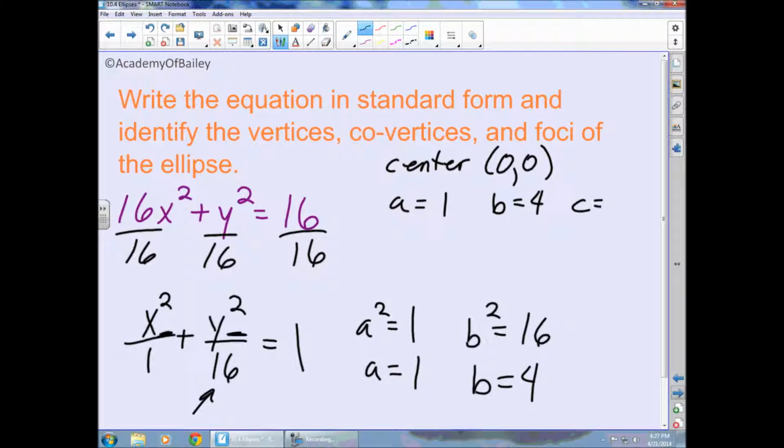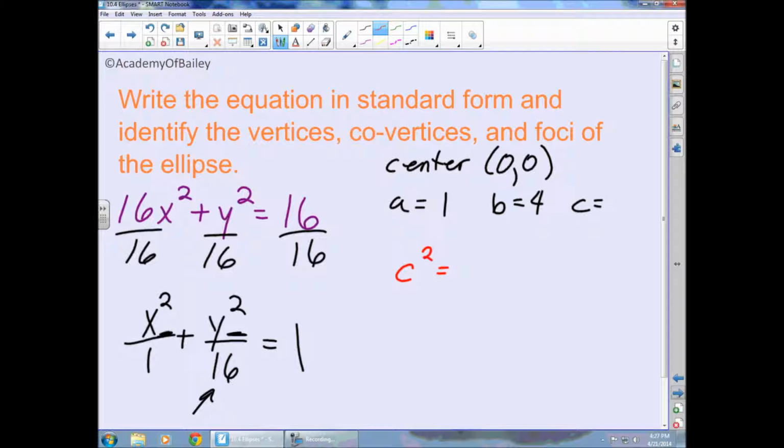C is going to tell us the distance of the foci from the center. So how do we find C? C squared is equal to A squared, which is 1, minus B squared, and B is going to be 4.